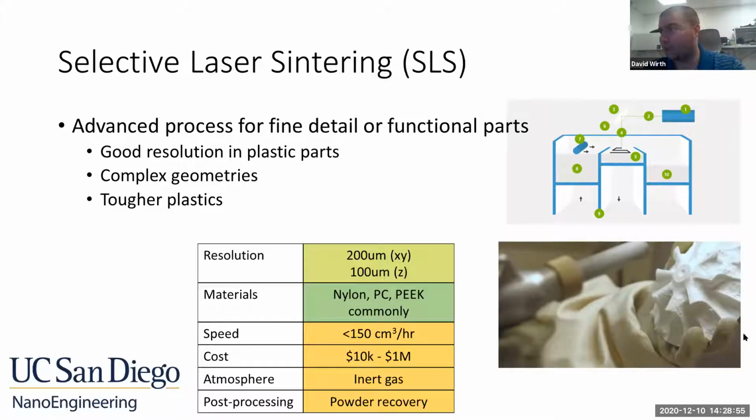And you can get higher resolution out of it generally, and higher performance materials because you've got a laser. You don't have to squirt it through a hot end. You can make the temperature as high as you want with that laser. So you can print nylon, PC, PEEK. And because you're sintering it, generally the parts are more isotropic. You don't have these anisotropic material properties with FDM. With FDM, obviously your parts are going to be less strong in the Z dimension than in the X and Y. With SLS, you really don't have as much of that problem.